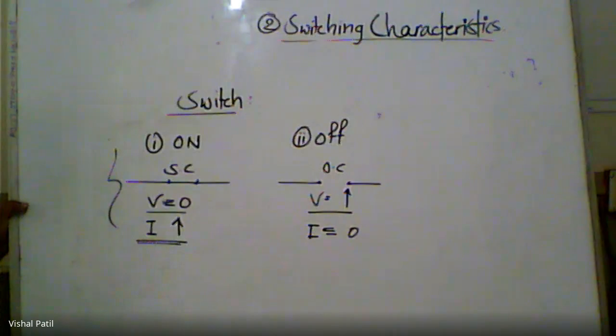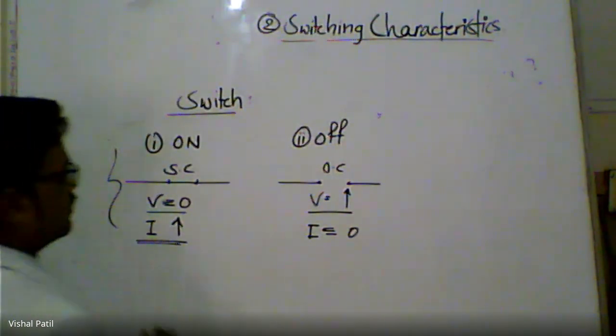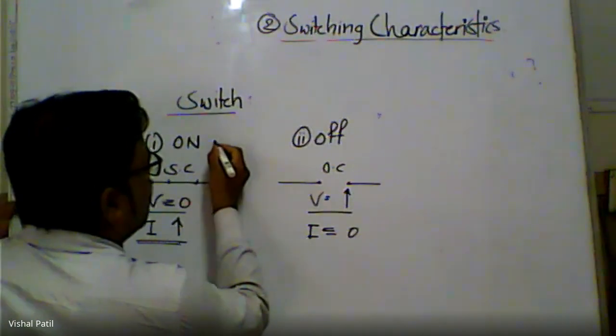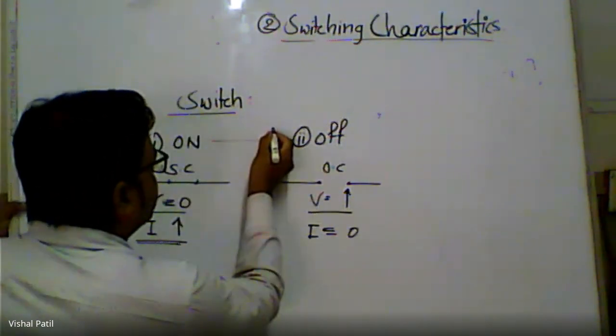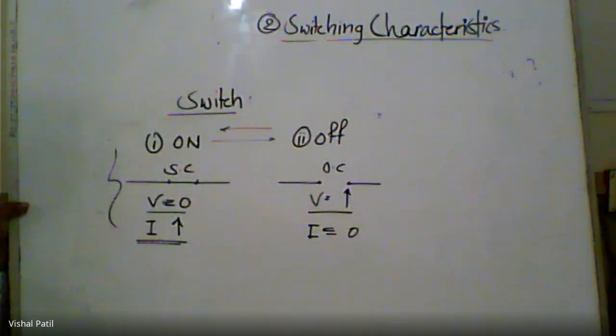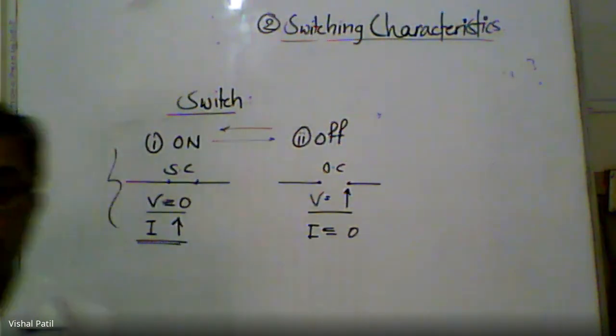Another reason is that there is a transition when the switch goes from on to off, and there is a transition when the switch goes from off to on. Whenever there is a transition in any action or process, and we plot it graphically, we say dynamic characteristic.